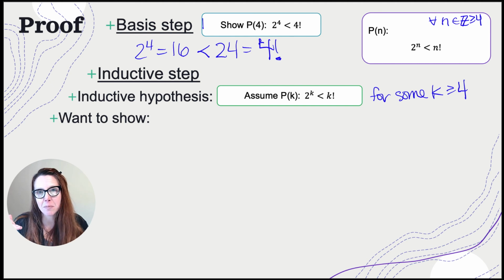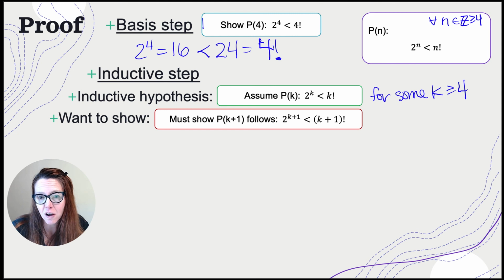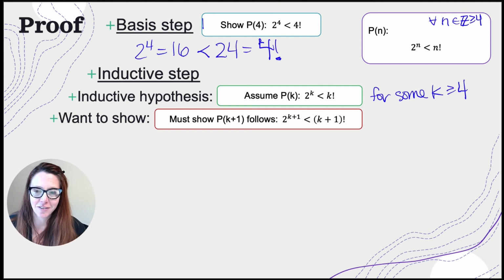So it's starting from that base case and onward. It has to be within the domain. For any k within the domain, I'm going to assume that 2 to the k is less than k factorial. And then from that, I want to show that P(k+1) follows. Assuming that 2 to the k is less than k factorial, can I then show that 2 to the k+1 is less than (k+1) factorial?